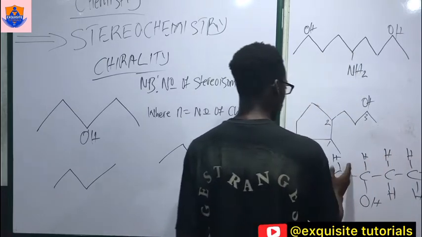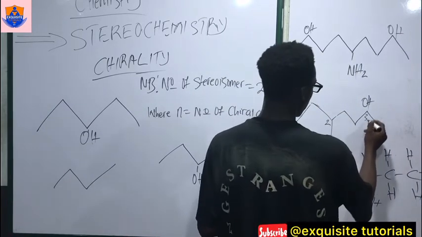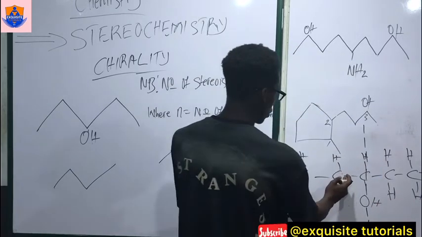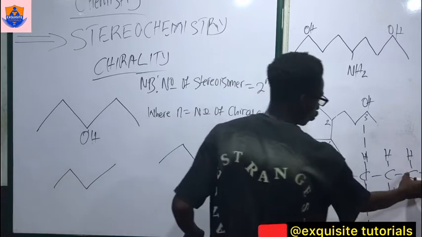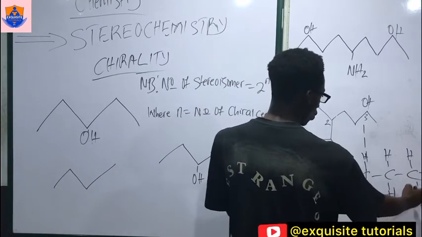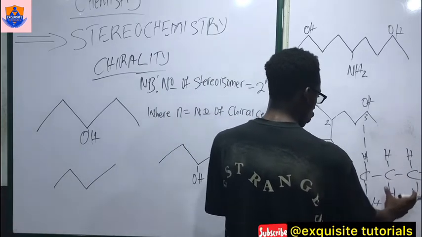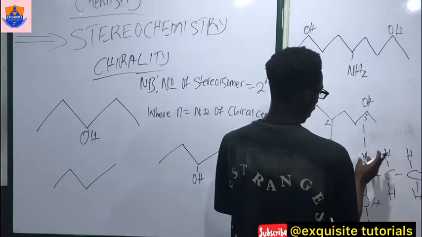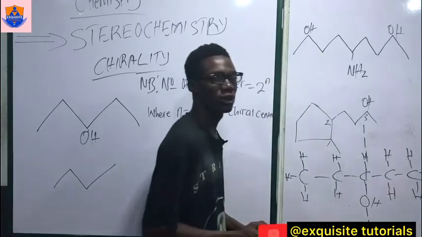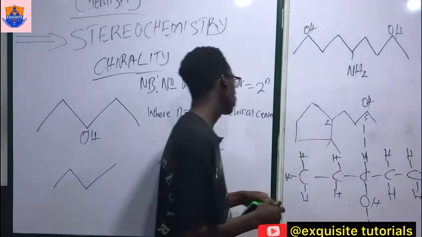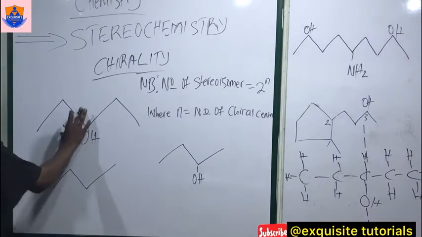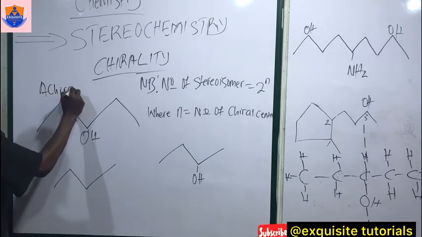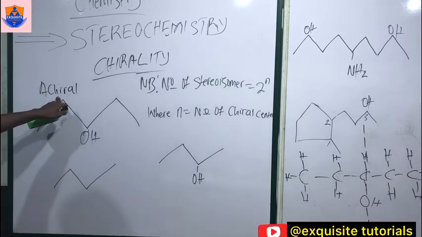Let's take a line here at the center of this carbon. Let's take a look at this side. We have CH3, CH2. We have CH3, CH2. So these two sides are equal. They are both the same. So it is this carbon bonding to a similar C2H5, hydrogen, OH. So to say, this compound is non-chiral, it is achiral.